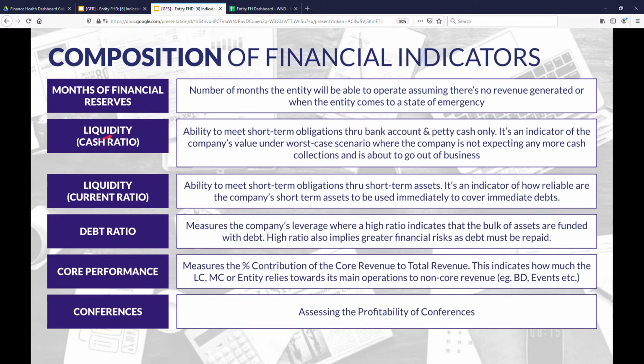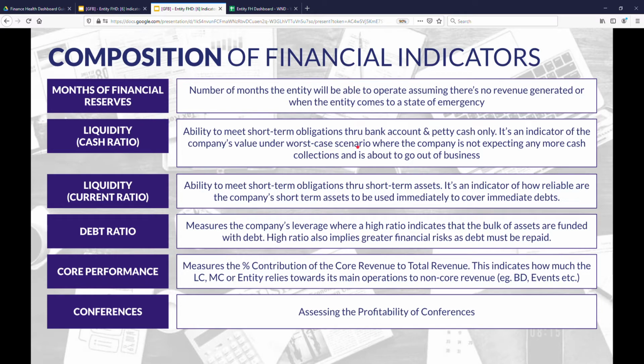Then next is liquidity. There are two types, cash ratio and current ratio. These are the ability to meet short-term obligations: through bank account and petty cash for the cash ratio, and through short-term assets for the current ratio. The main difference is that cash ratio is quite crucial because it is the indicator of the company's value in the worst case scenario.